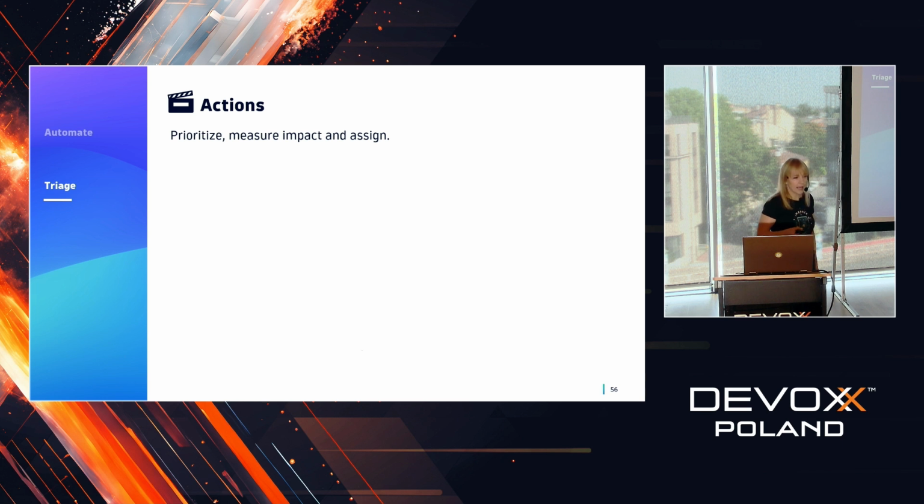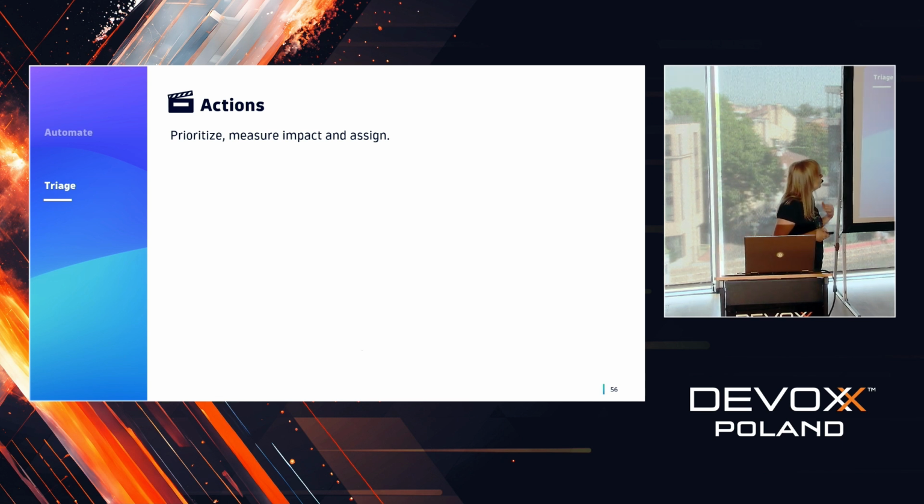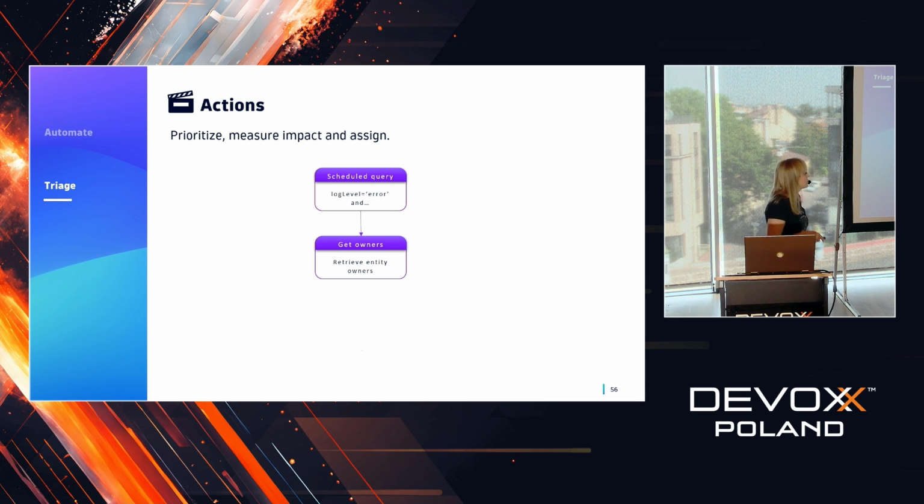Even if we are not able to create such self-healing automation, what we can at least do is create new tickets and triage them. So once again, we can have a scheduled query to our monitoring tool that will check if we have any log that has level error and some additional attributes. Then, based on the context data that we added, for example, the name of the service, we can retrieve from our database the list of owners of this service.